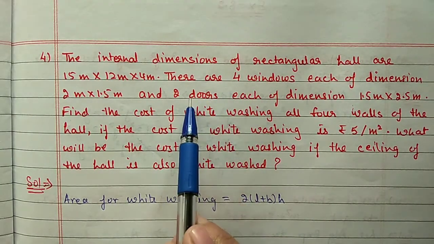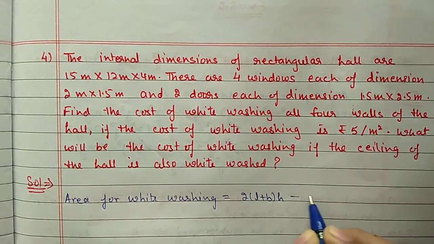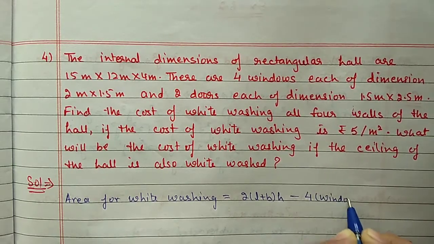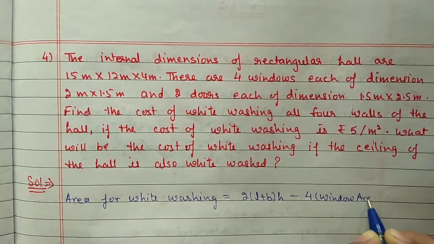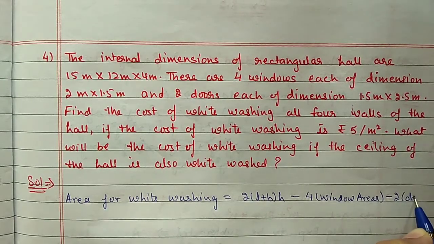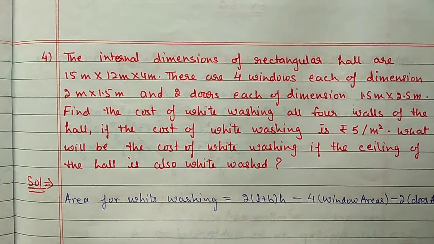So 4 windows and 2 doors we have to remove from this wall. So minus 4 window areas and 2 door areas, that we will remove from the 4 walls.